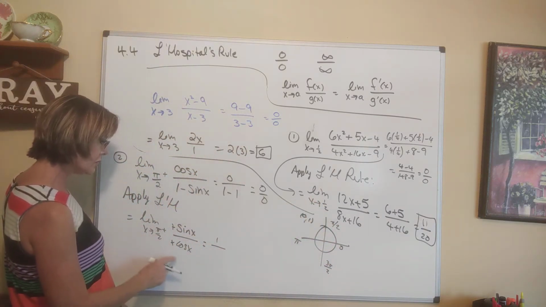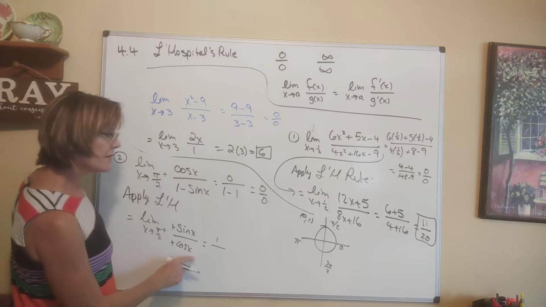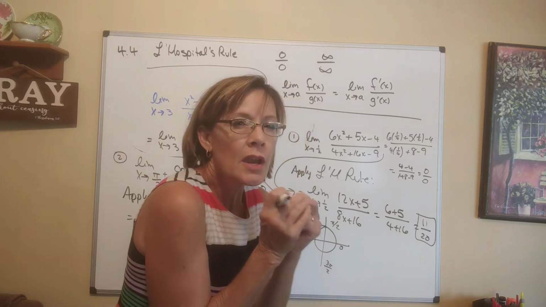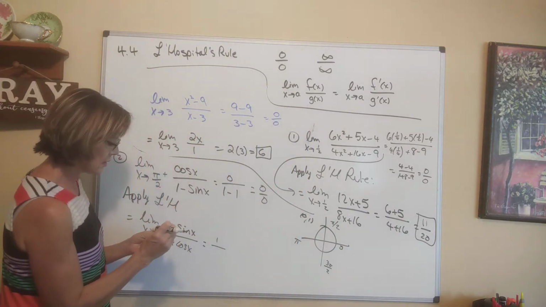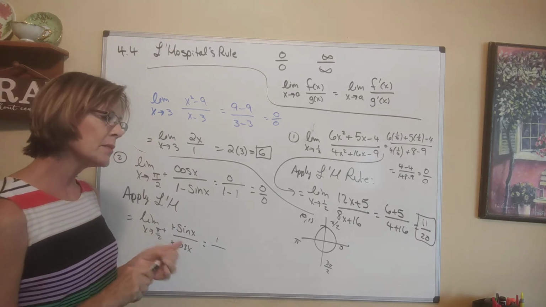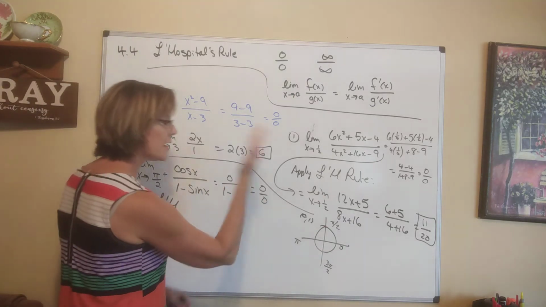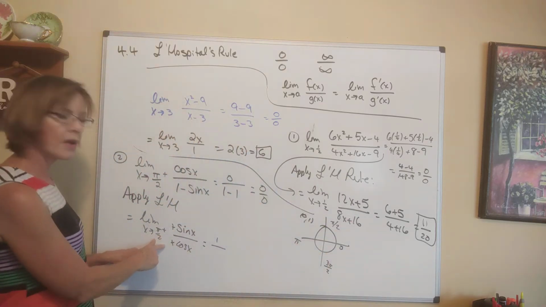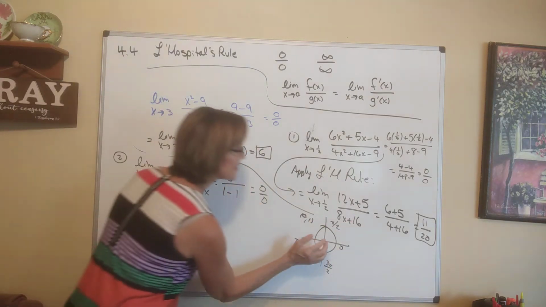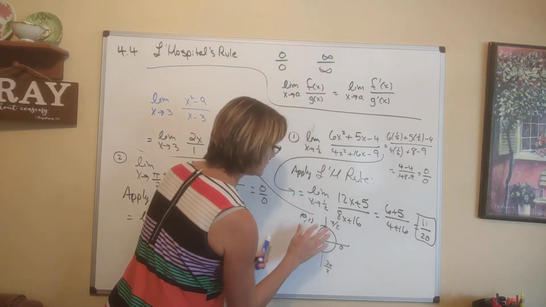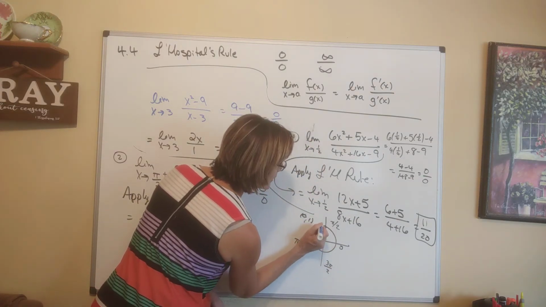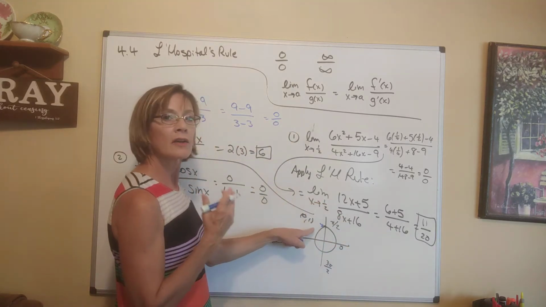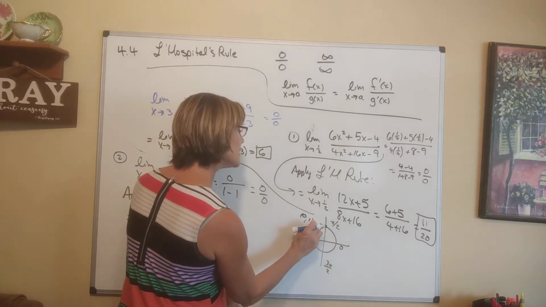We put in pi over 2 into the cosine of x, it's going to be 0, but it's not quite 0 because it's a one-sided limit, so it's something very close to 0. This is a little bit tricky because it's an angle, right? So positive angles move this way. If this is a little bit to the right of pi over 2, that means we're a little bit on this side of the y-axis.